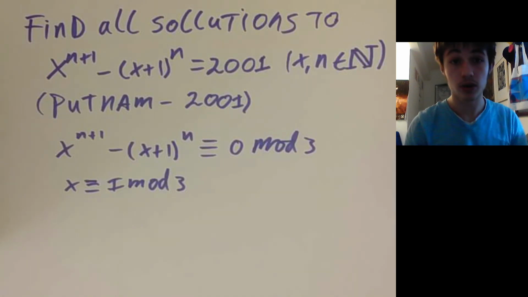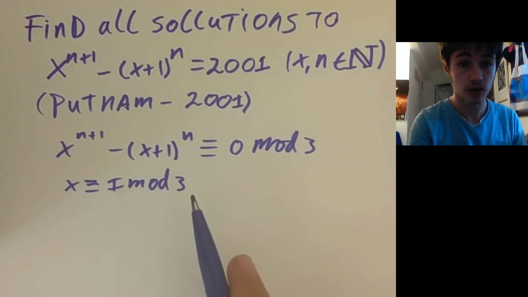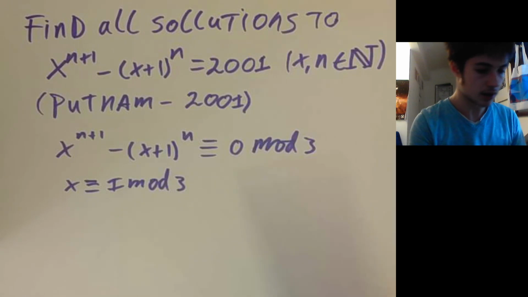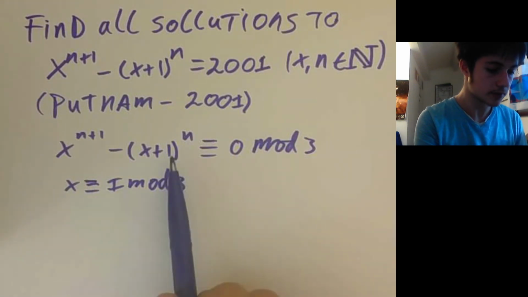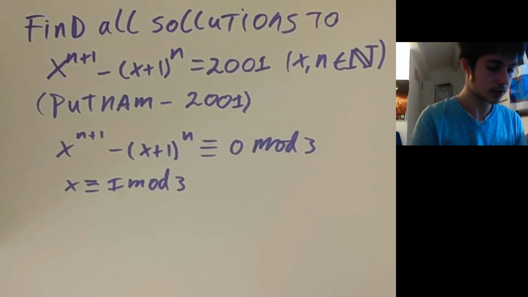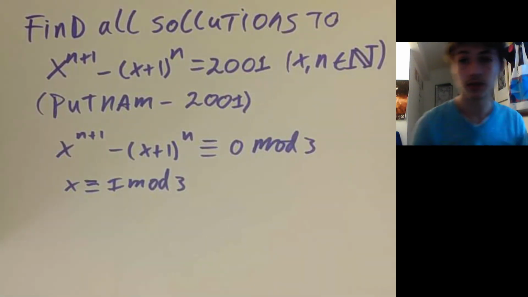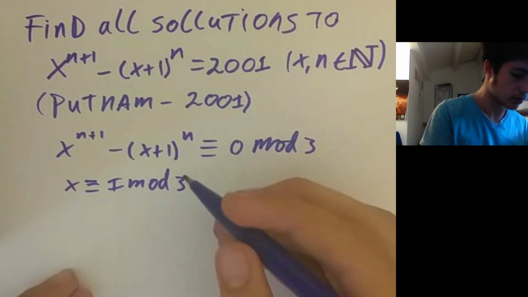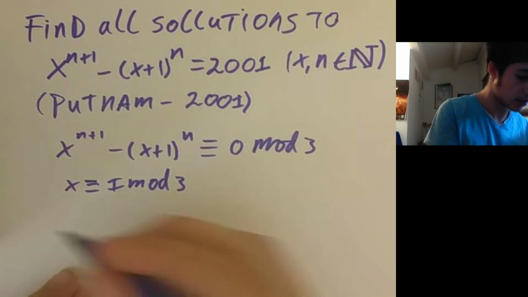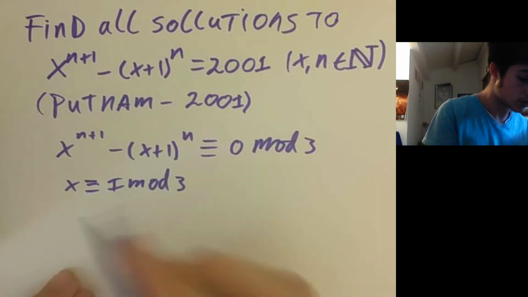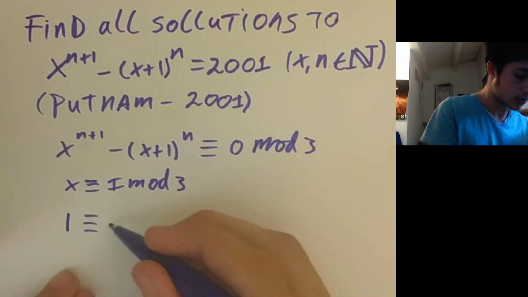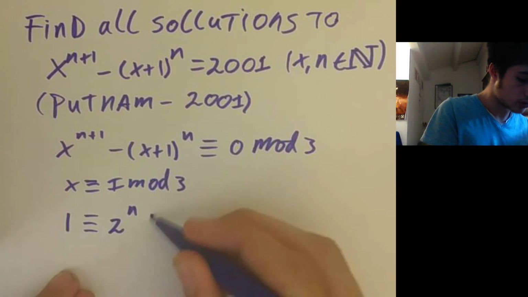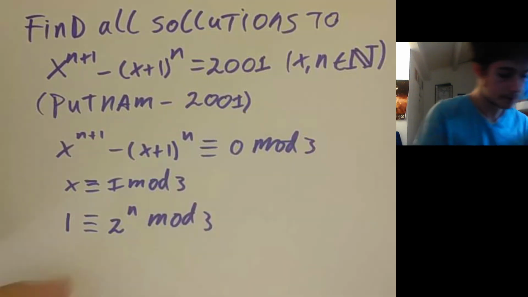And furthermore, if x is equal to 1 modulo 3, then we see that this part will be congruent to 1. So this part has to be congruent to 1 modulo 3 without the negative sign. Let's write that down. And so if x is congruent to 1 modulo 3, we know 1 will be congruent, by moving this to the other side, to 2^n modulo 3.